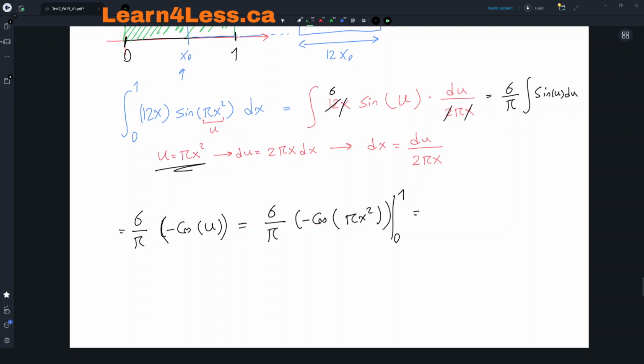First plug in the upper bound, we get 6 over pi negative cosine of pi times 1 squared. So this is the upper bound.